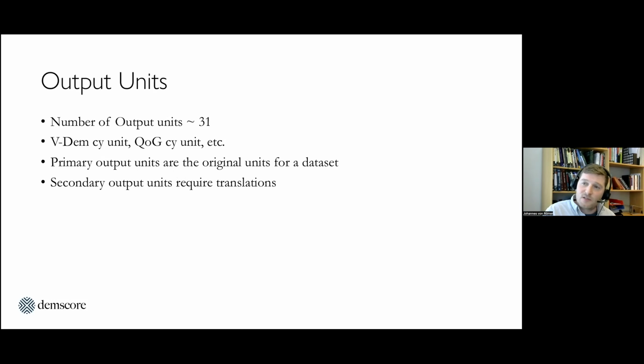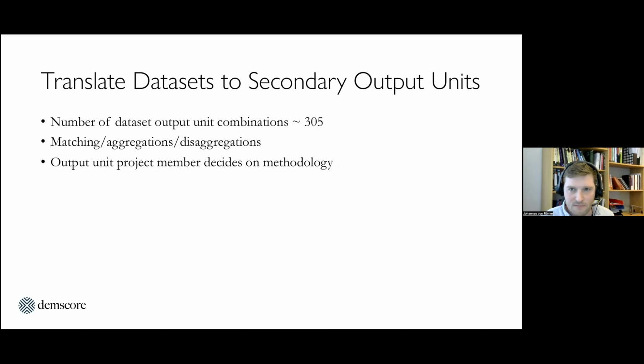But data sets can also be translated to a secondary output unit. That means it is transformed or matched to be expressed in another output unit, which requires translations, and that's where the bulk of the work is. So as of now, we have data set and output unit combinations, a number of 305.